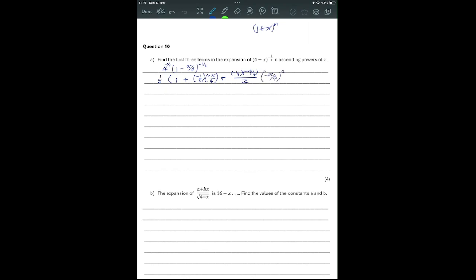x squared. And here ensure that you've acknowledged that we're not using x. If we compare that with what's actually in my bracket, that x is negative x over 4, and we need to write it as negative x over 4 every single time. And now it's a simplification.